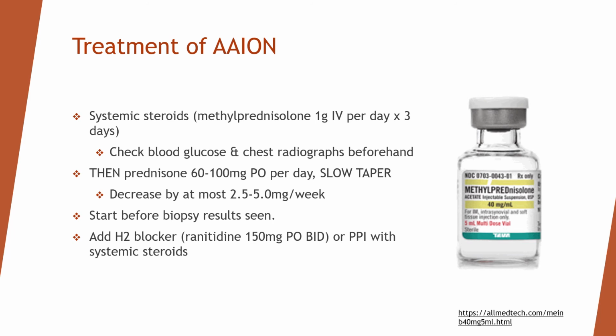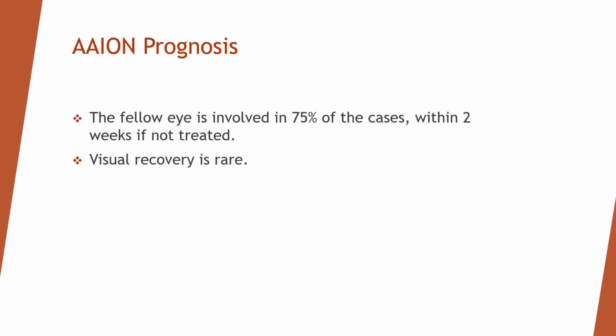For systemic steroids, it would be thoughtful to add an H2 receptor blocker or a PPI because there is a slight risk of a peptic ulcer with steroids. Unfortunately, AAION has quite a bad prognosis.